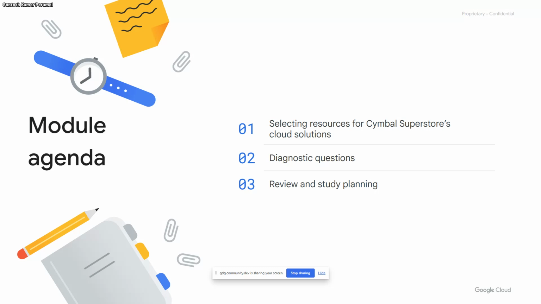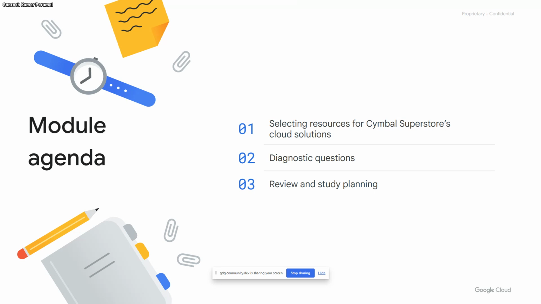When I say resources, it can be a compute resource or a cloud storage resource needed for the Symbol Superstore application requirement.